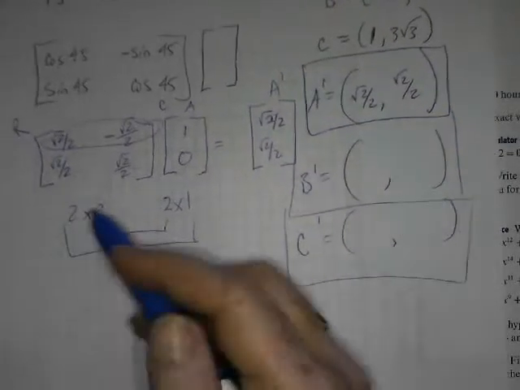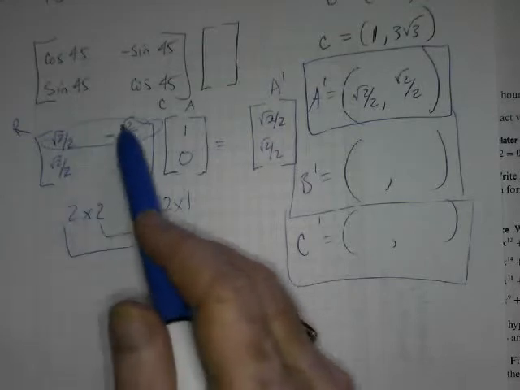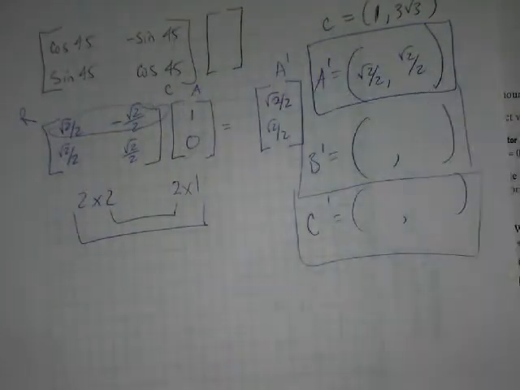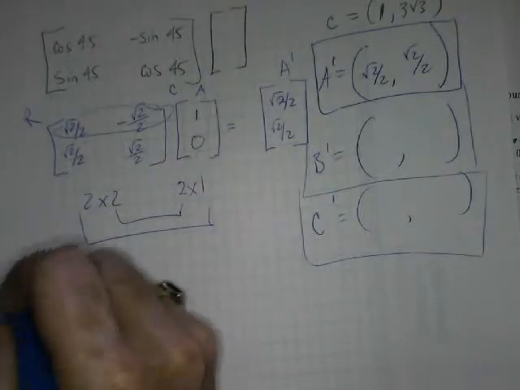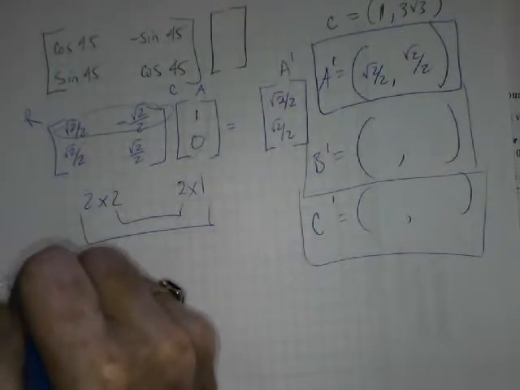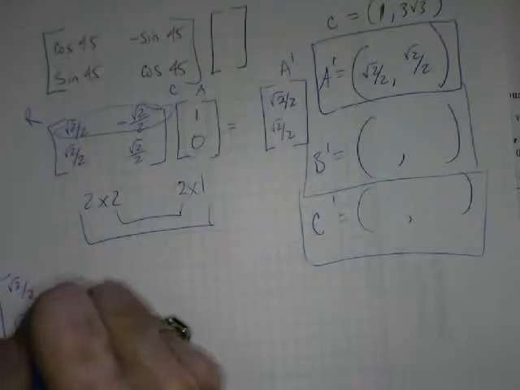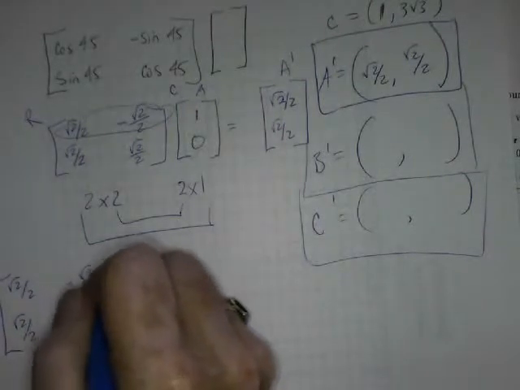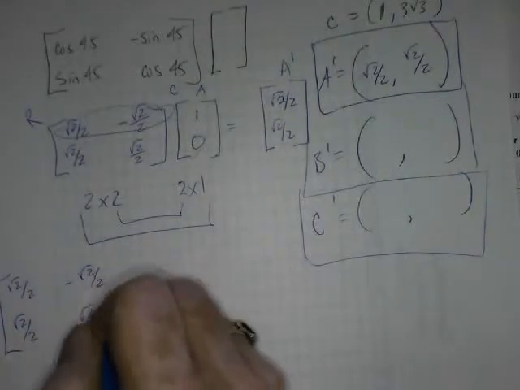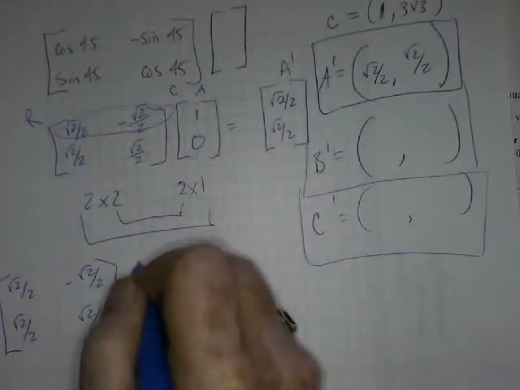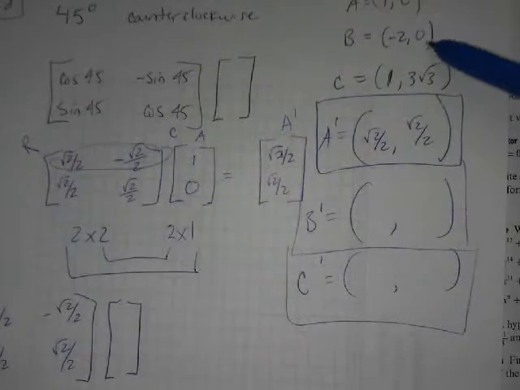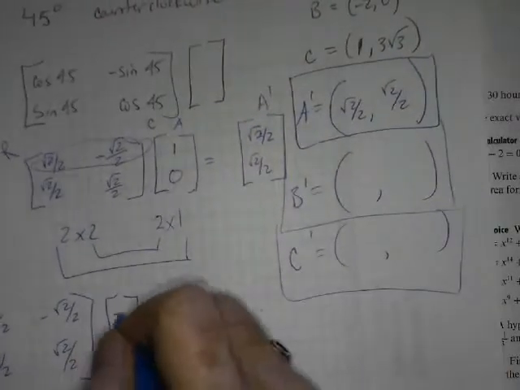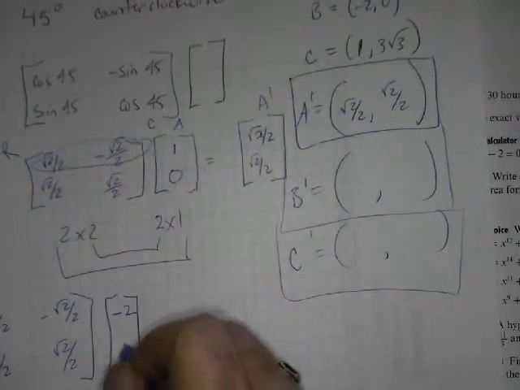Okay, so I don't have to redo my matrix because all of the points are getting rotated by 45 degrees. So my matrix was root 2 over 2. And then all I do differently is I grab the next ordered pair, which is negative 2 comma 0. So that X goes in the top and the Y goes in the bottom.